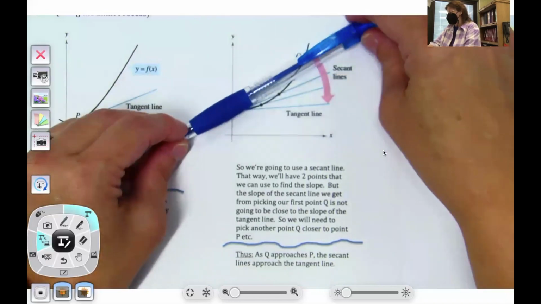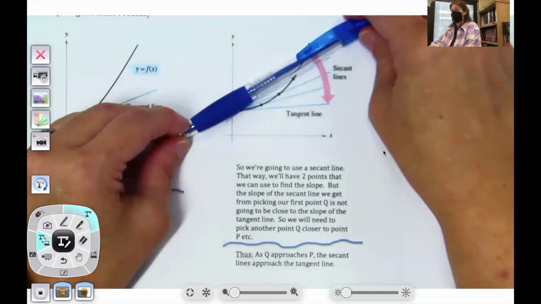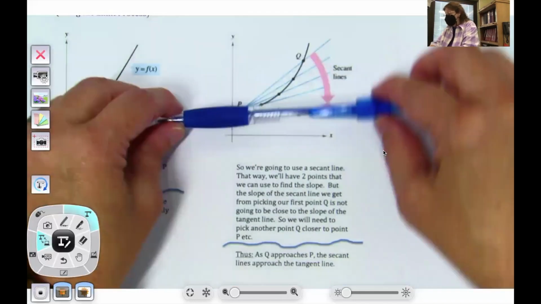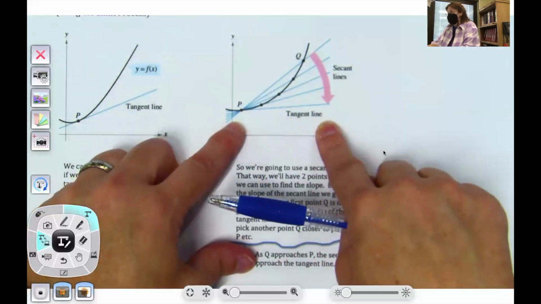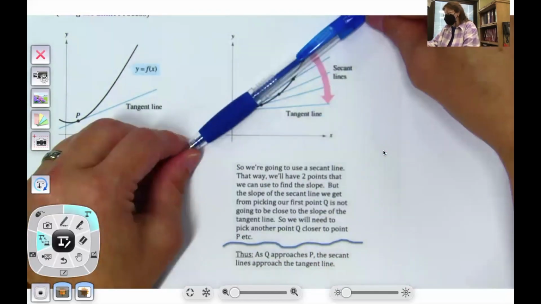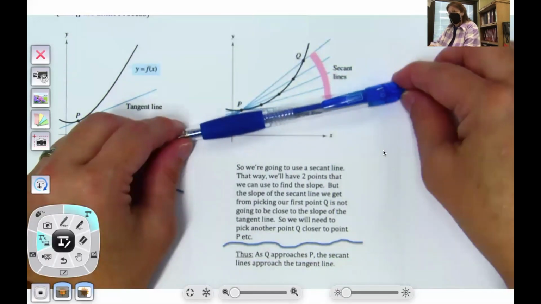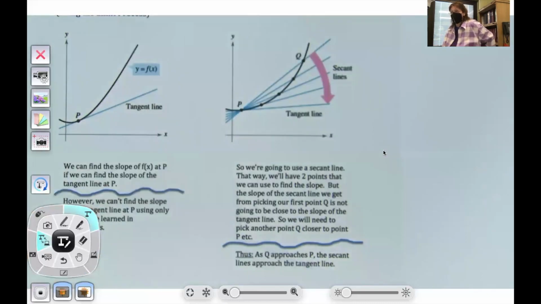So then I could approximate the slope of that tangent line. Right now, we're going to approximate the slope of that tangent line, because when I actually get to it, I won't know a second point. But I could get a feel for this: the slopes are still going to remain positive, but they're going to get closer and closer to the slope of that tangent line.